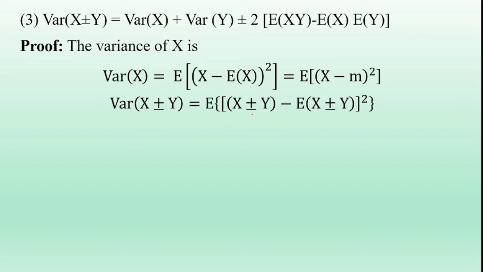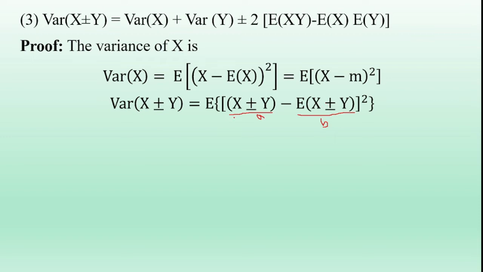Suppose x plus or minus y is a, and the expectation of x plus or minus y is b. What is the expression a minus b whole square? First applying the expansion of a minus b whole square: a square plus b square minus 2ab.